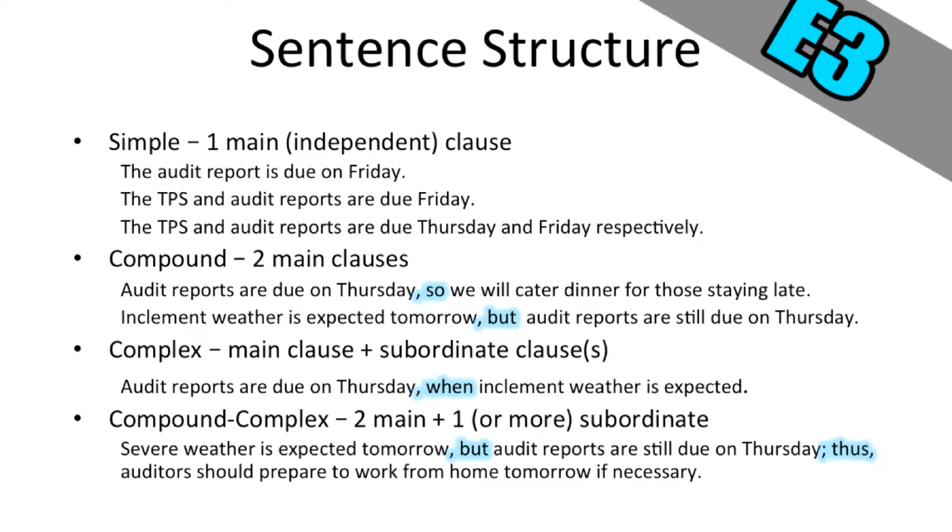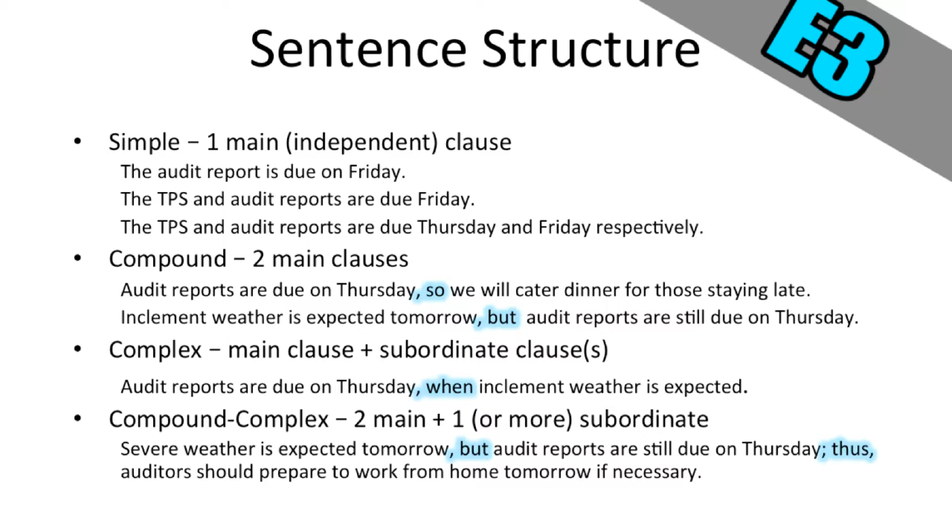Then a compound sentence is going to have two main clauses. Audit reports are due on Thursday, so we will cater dinner for those staying late. Inclement weather is expected tomorrow, but audit reports are still due on Thursday. Okay? Complex has a main clause plus one or more subordinate clauses.